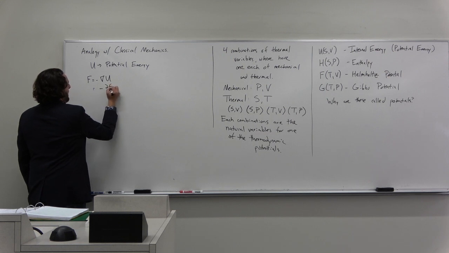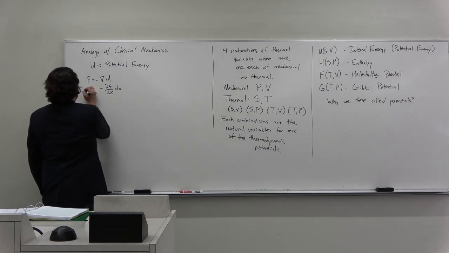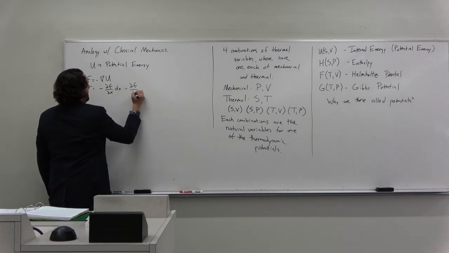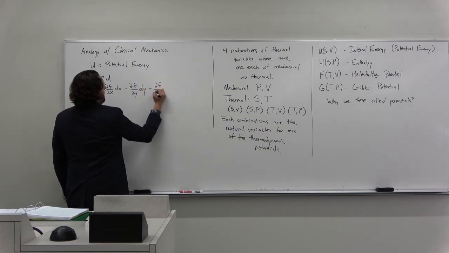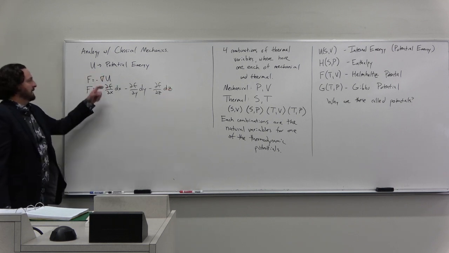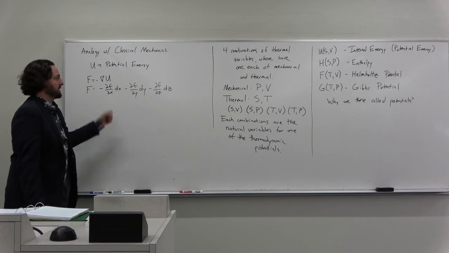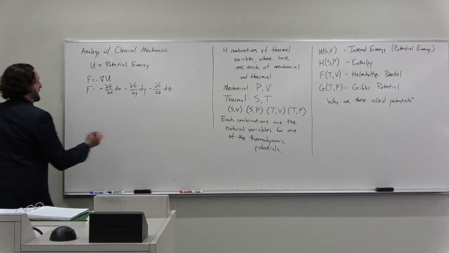So minus partial f, partial x dx, minus partial f, partial y dy, minus partial f, partial z dz, right? That means just in the 3 dimensions of space, these are the partials in each of those dimensions. So this is in 3D.